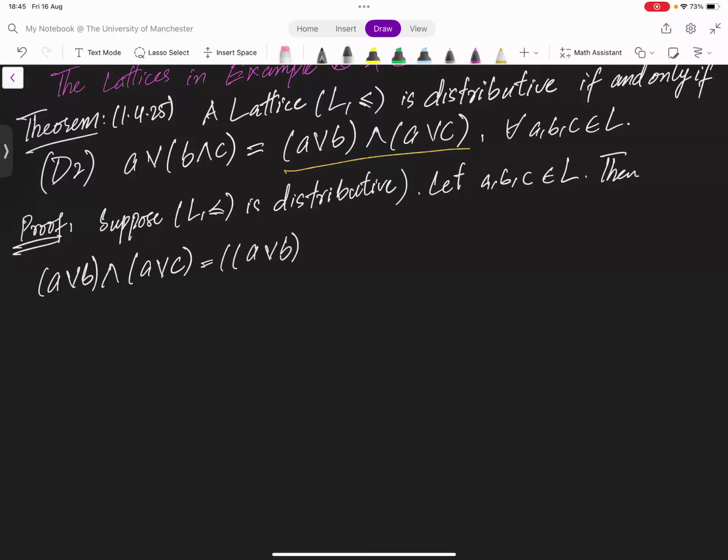A or B and A or A or B and C. And this is by the condition D1. Why?